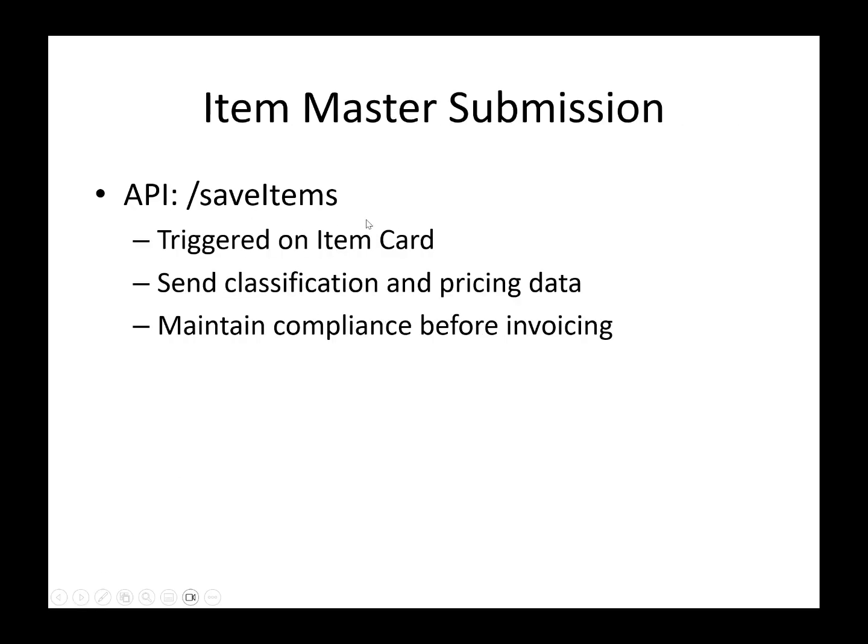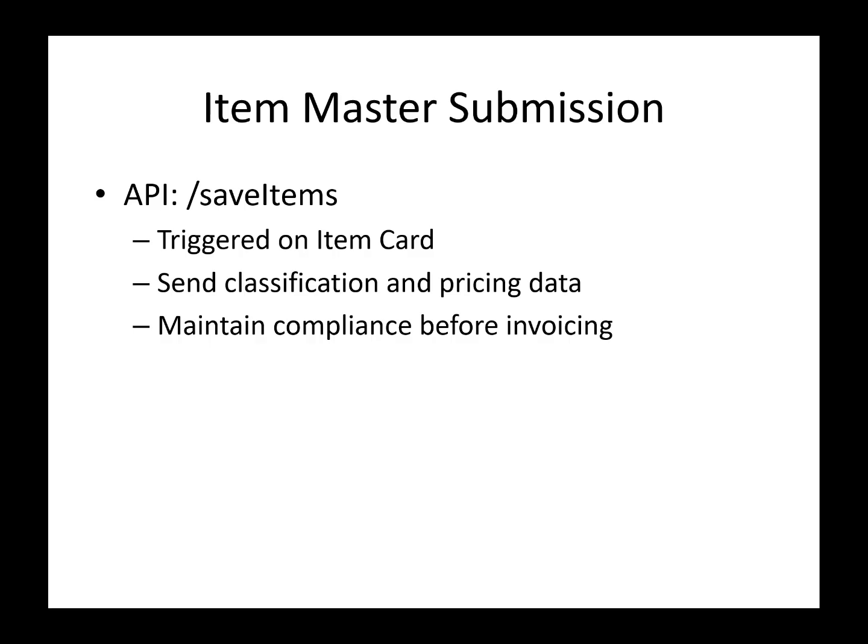So item master submission. We submit the item master after we have the item classification codes, the information that we need to submit to KRA. So each item in the system is triggered on the item card where we save these items to KRA.